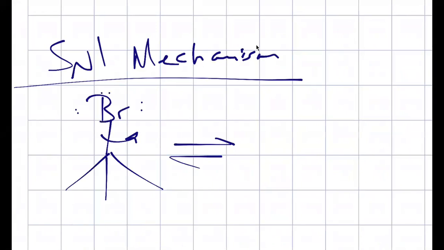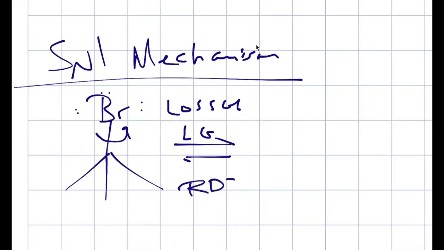That's always your first step for SN1. That's the rate determining step, the slow step. So if I want to speed the reaction up, I can do three things, but one of them I'm not going to do.